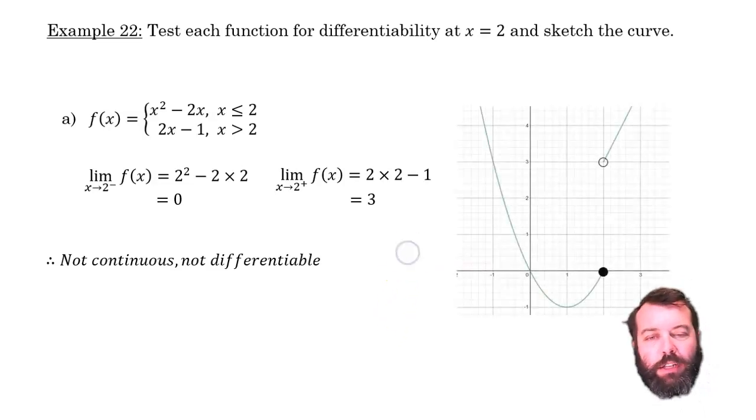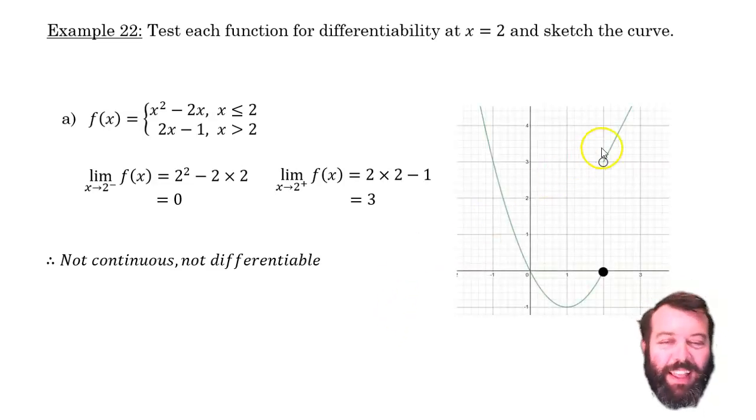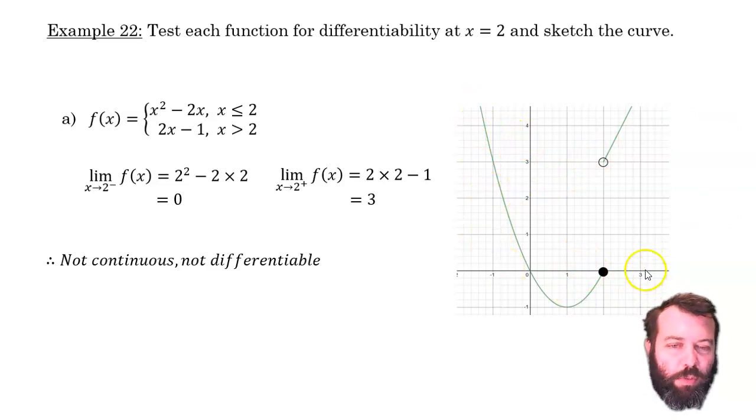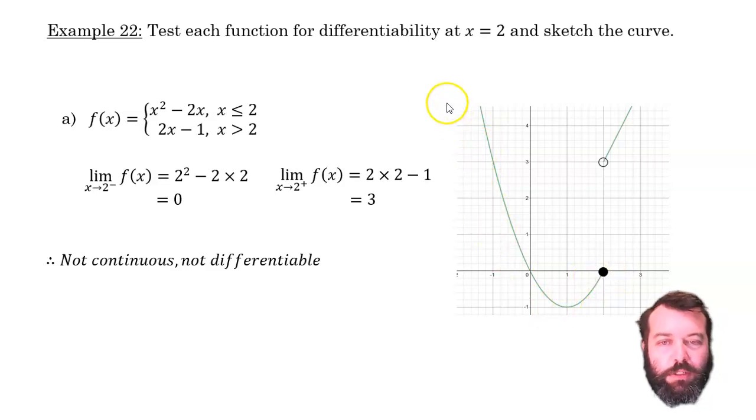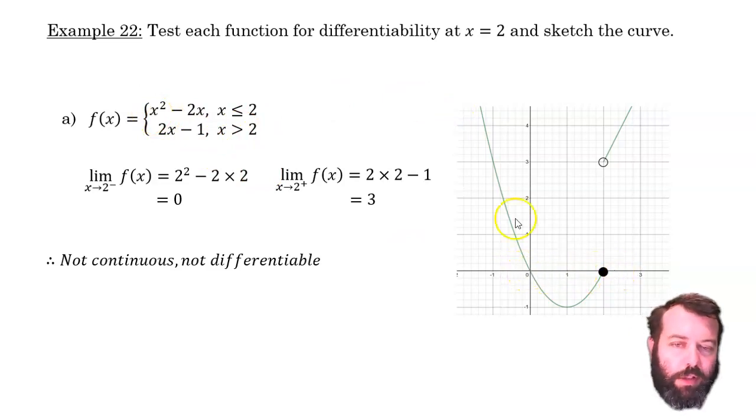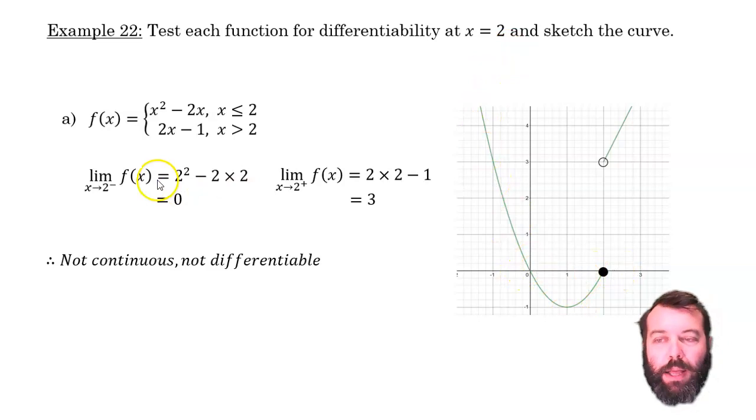And if we draw a sketch, and here's one I prepared earlier, this is what it looks like. Anywhere less than or equal to 2, I follow this rule here, which is a parabola, x squared minus 2x, with roots at 2 and the origin. But for everything greater than 2, I follow this rule, 2x minus 1, which is a straight line.